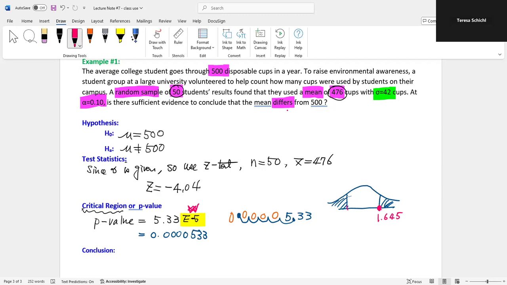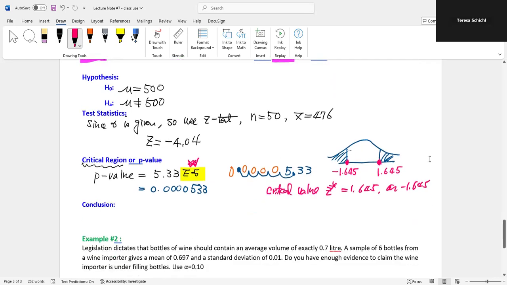Remember, on the left-hand side you will have negative 1.645. So the critical value, Z star, could be 1.645 or negative 1.645. Now we have all this information, we can make decisions.